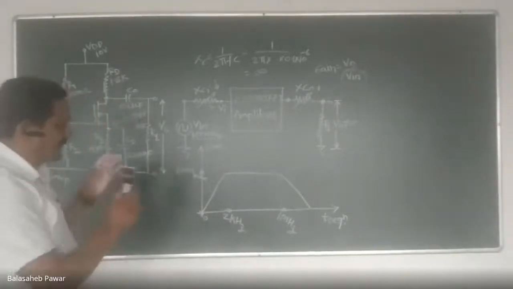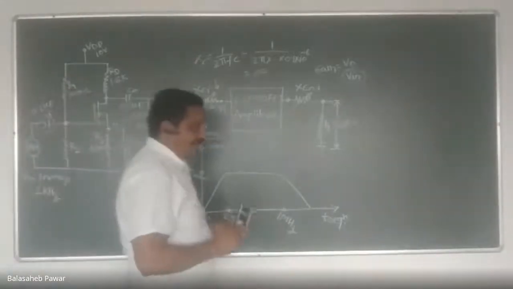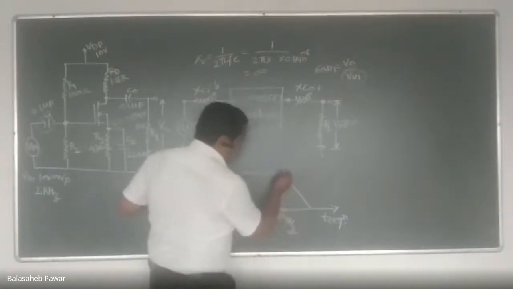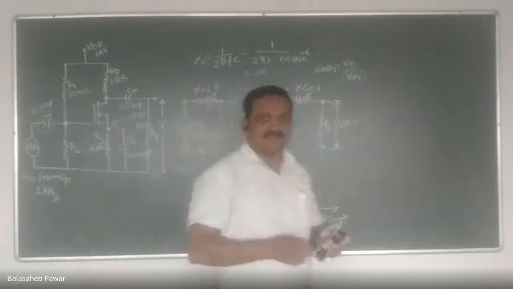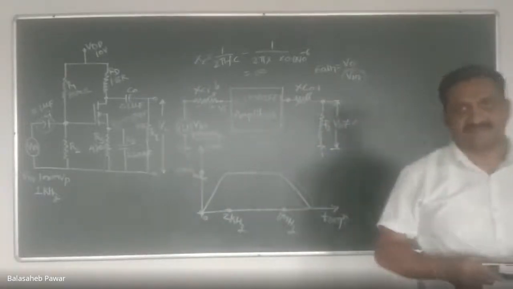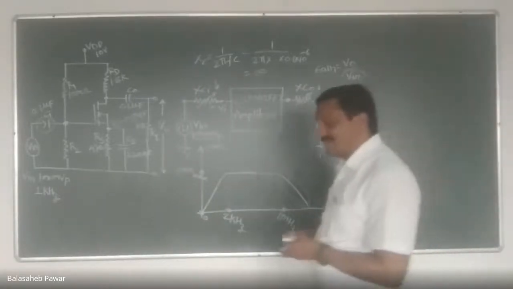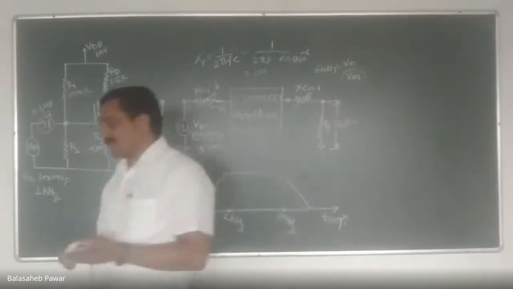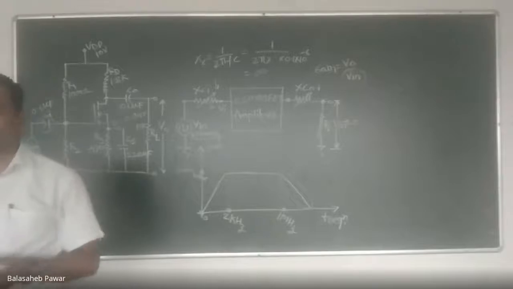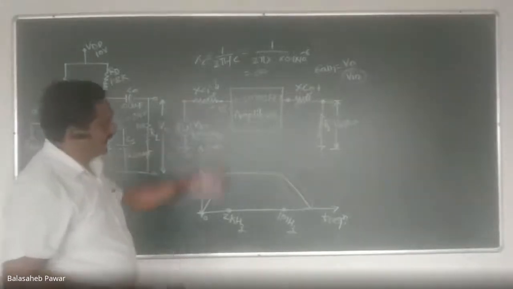Remember this one. This reduction in gain is due to the internal capacitances of that transistor, which are known as parasitic capacitances or stray capacitances. How they reduce the gain, I will explain.